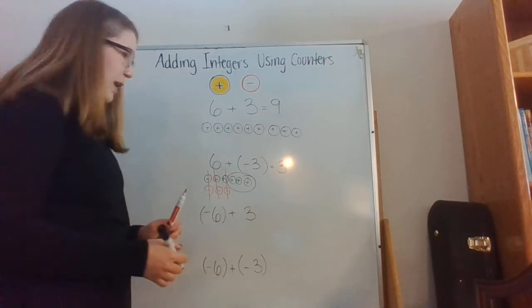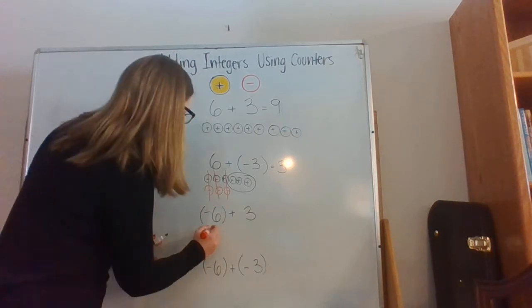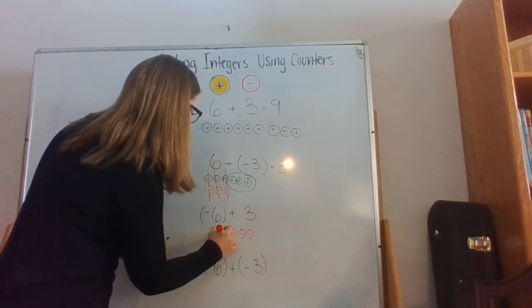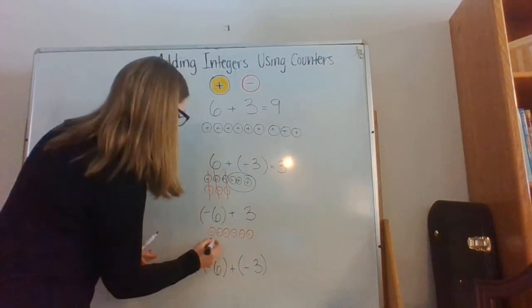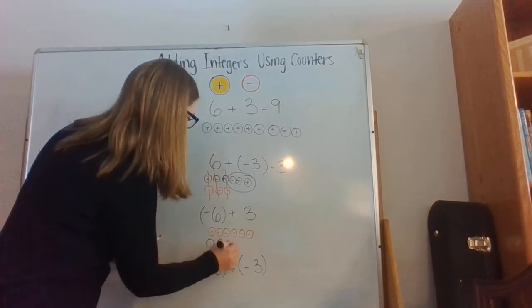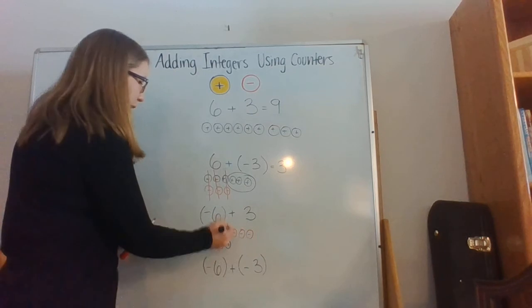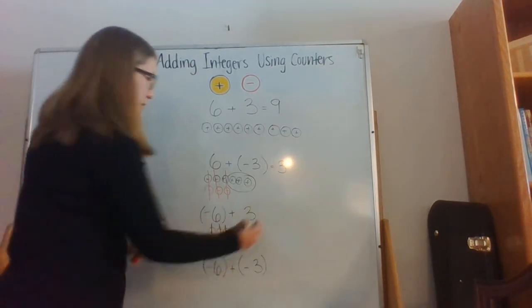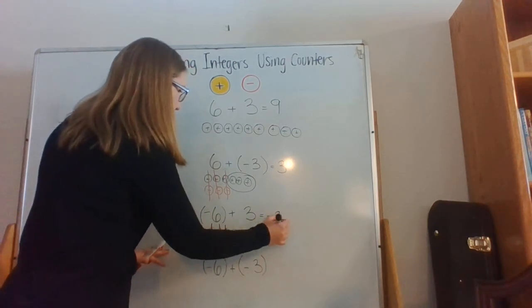Now I have negative 6 plus positive 3. So I'm starting with 6 negatives. Now I'm going to add positive 3. Once again, I can cancel those out. Now my answer is negative 3.